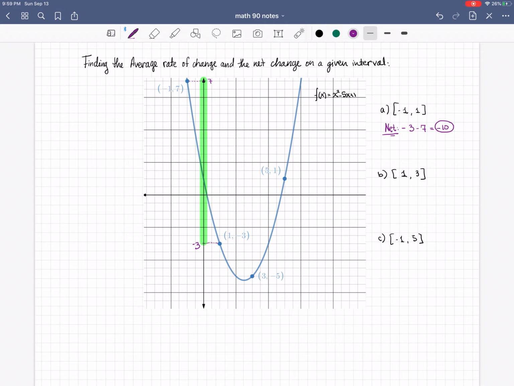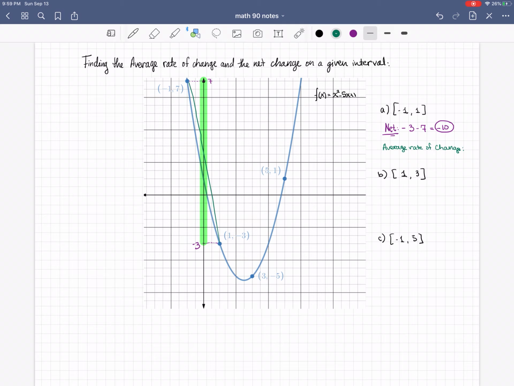If the net change is negative, the average rate of change is going to be negative also. So average rate of change, well, I think I messed up my color coding, but that's okay. So if we connect these 2 points, okay, let me do a slightly better job drawing this line.